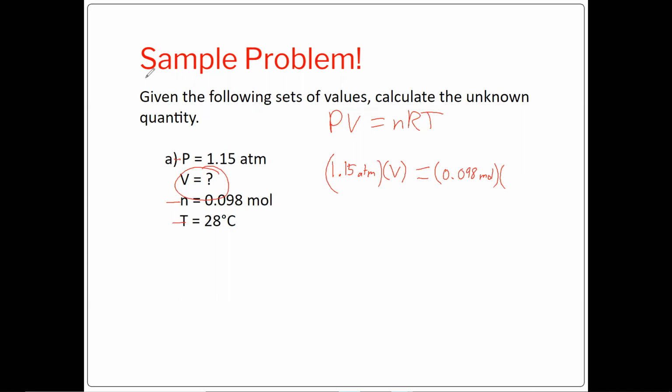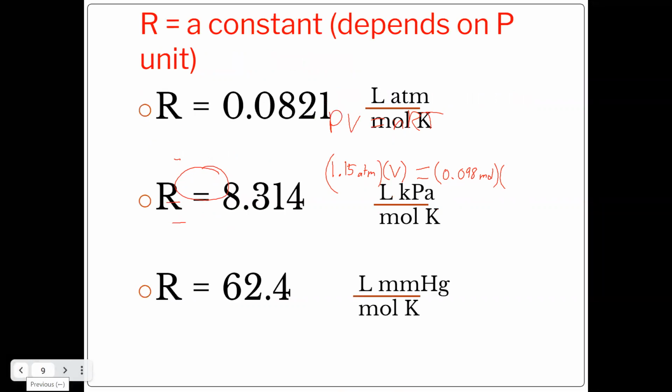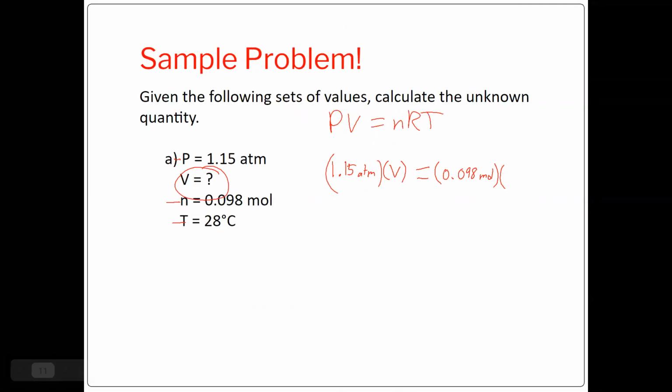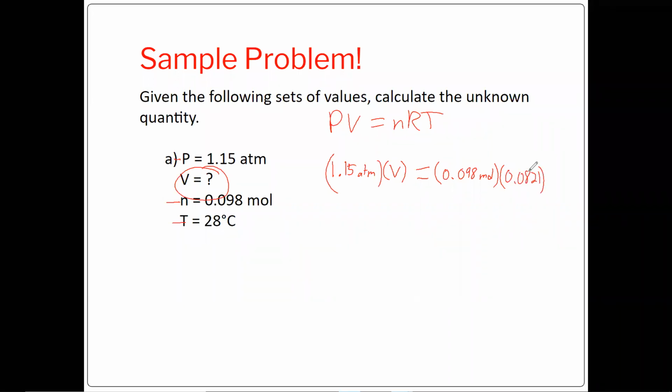So let's backpedal for a second. If we go back, remember our gas pressure is in atmospheres. So if we go back, look, the atmospheric one is 0.0821. So we fill in 0.0821 for our R, and our temperature has to be in Kelvin.